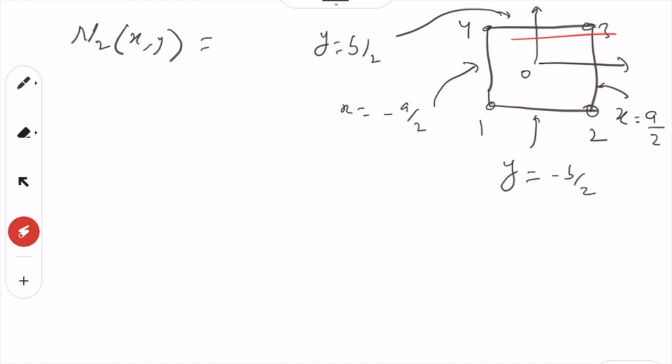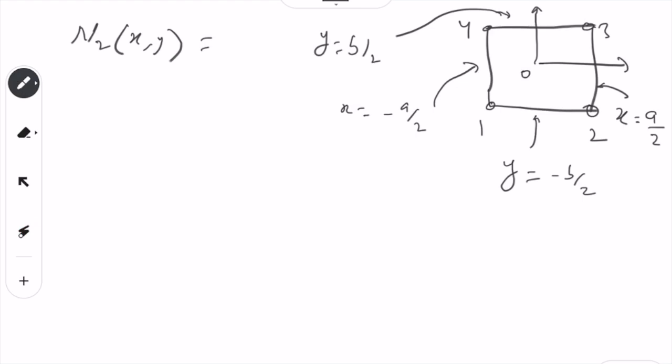So you can find N2. It has to be 0 on this line and this line, meaning that it is 0 at y equal to b over 2 and 0 at x equal to minus a over 2.